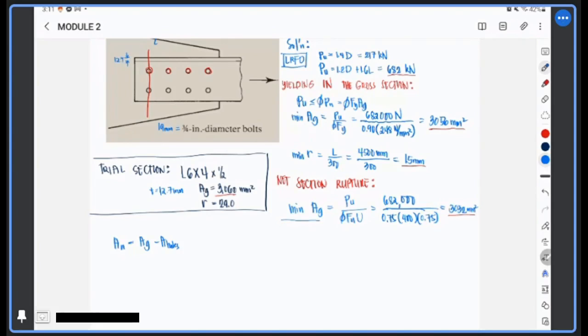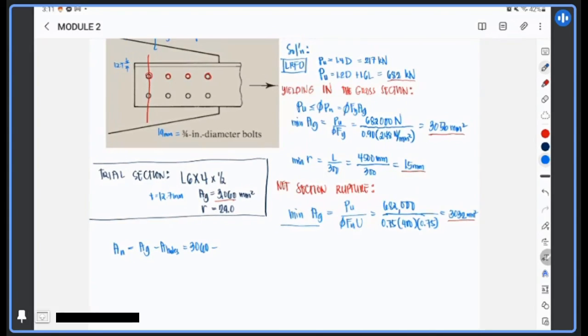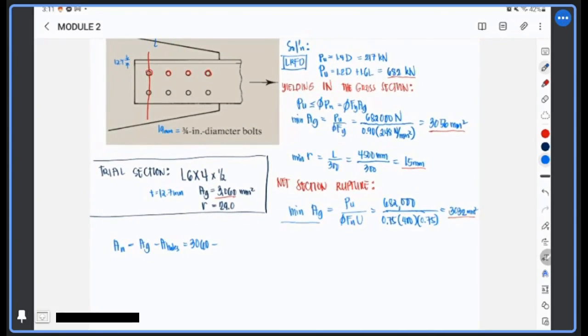Okay, so net area is equal to gross area, that's 3,060, minus 2 times, what is our hole diameter? That is 19 plus 4. Okay, we get the effective hole dimension.